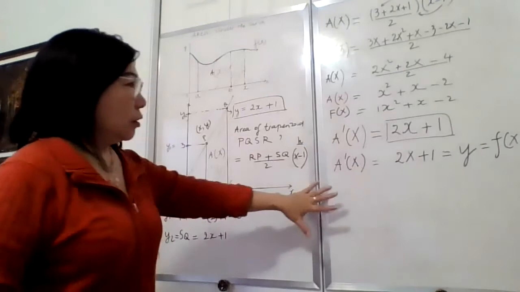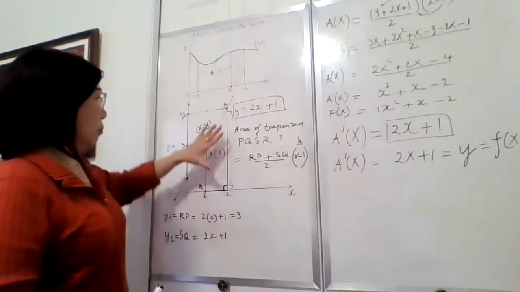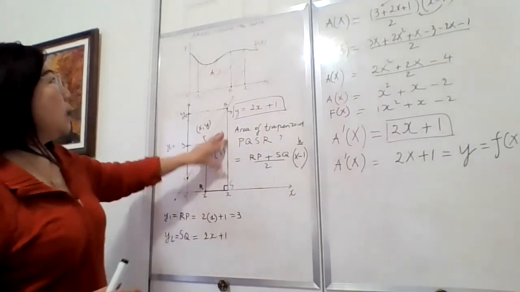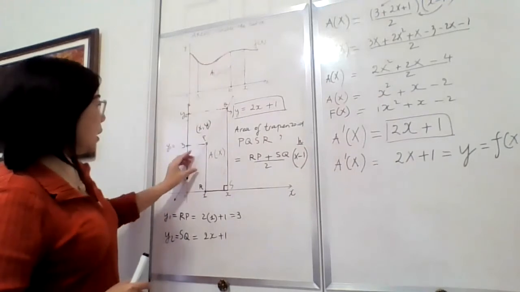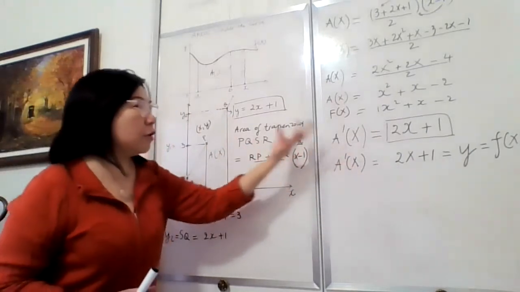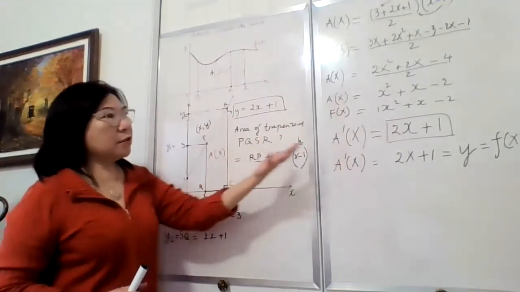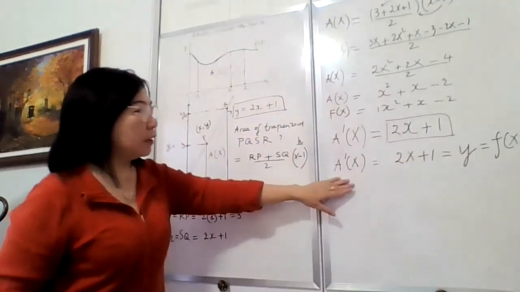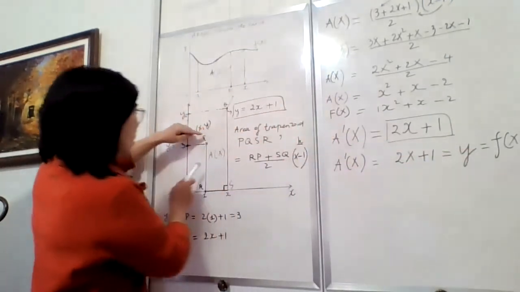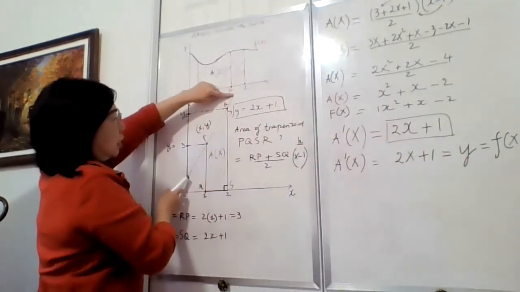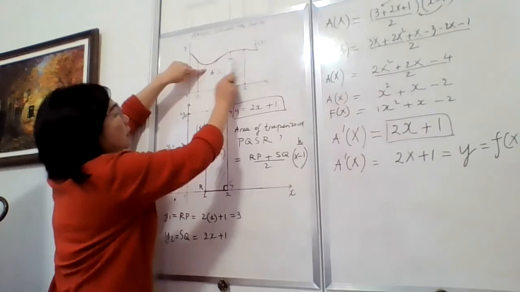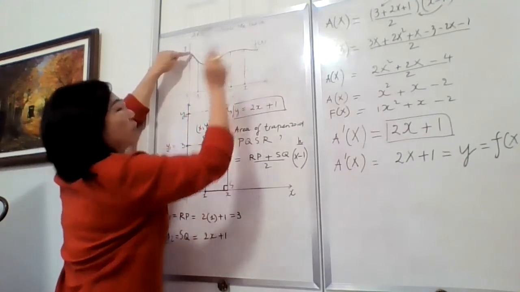So you see that the derivative of this area function turns out to be the function. So the derivative of the area function is the function itself, which is whatever the function is. In this case, it's a linear function. In this case, the derivative of this area will be this curve.